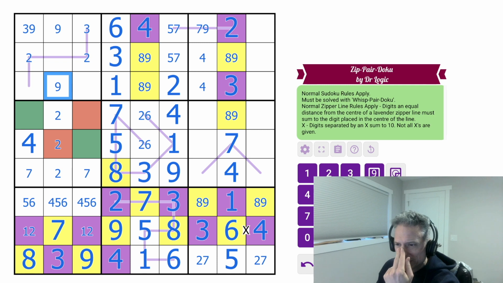That 8, 9 pair eliminates it, so it can't go in cell 7 of box 1. I'll mark it.